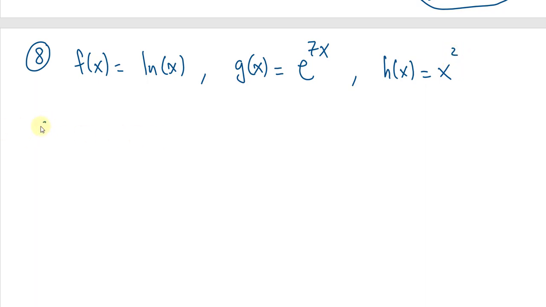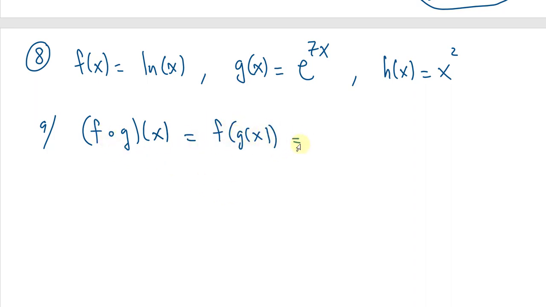Now, part A, you are asked to find the composite function f of g of x. So f becomes the outside function, f of g of x. Now g of x is given as e to the 7x, right? e to the 7x.